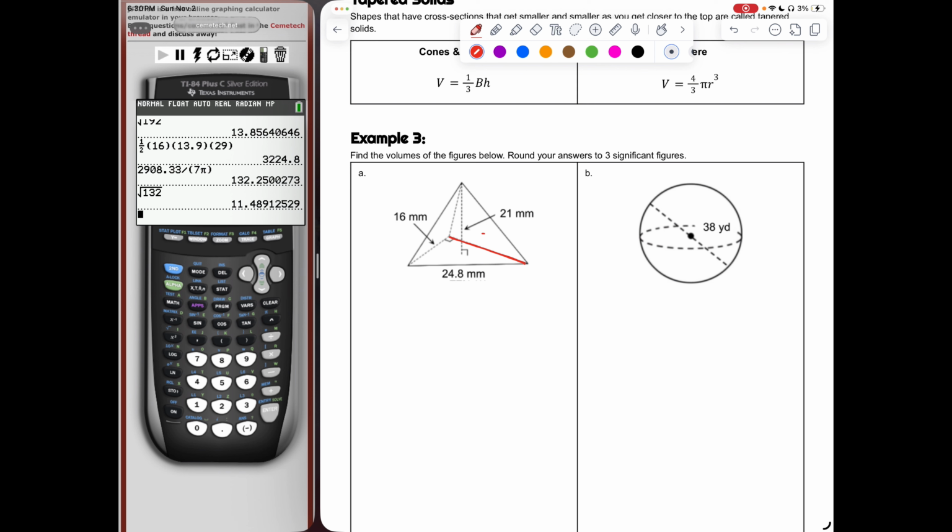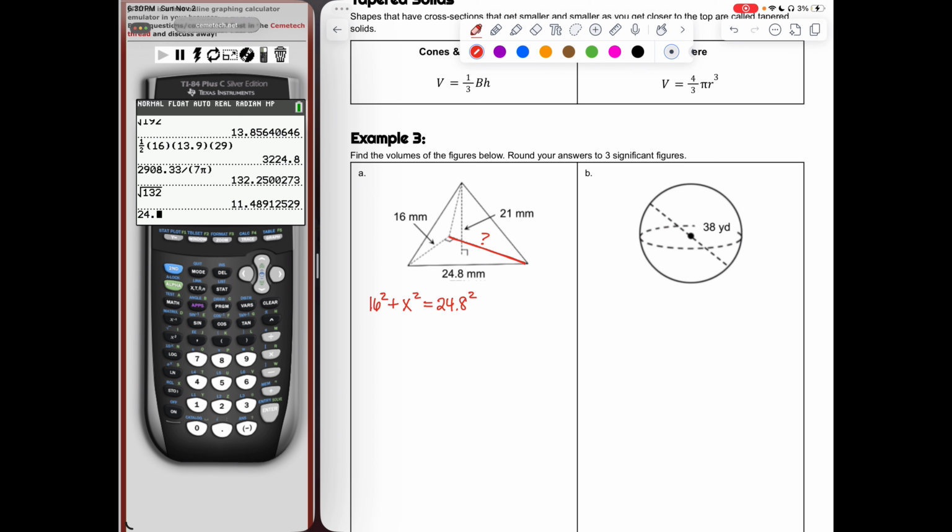In order to find this missing side length here, I would need to apply the Pythagorean theorem. And I know that 24.8 is going to be the hypotenuse because it is across from the 90-degree angle. So using the Pythagorean theorem, 16 squared plus x squared is equal to 24.8 squared.